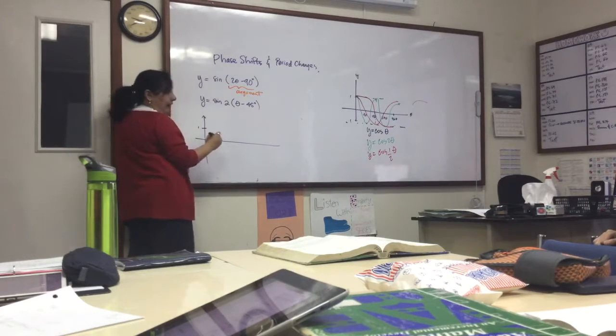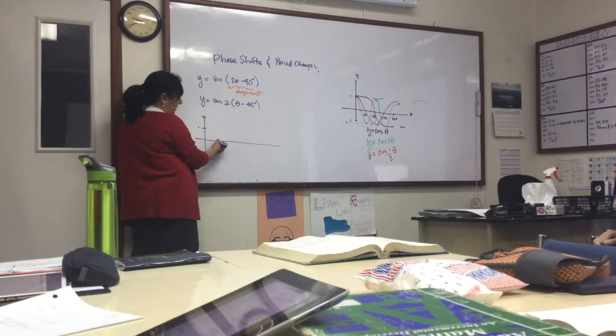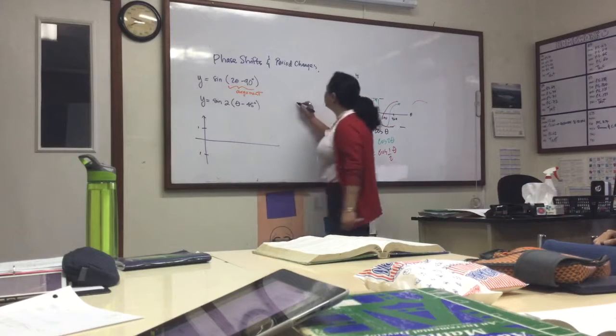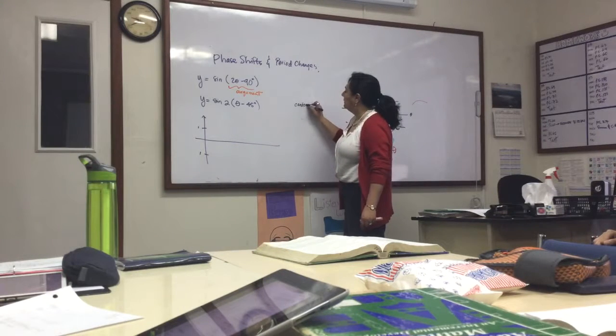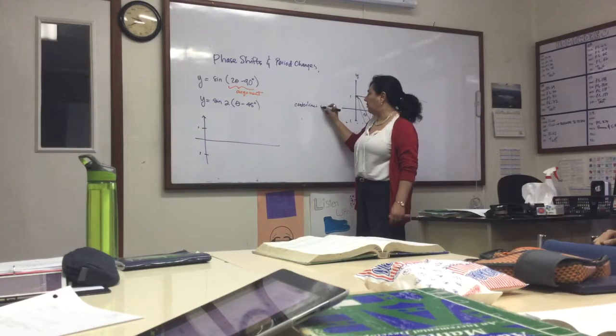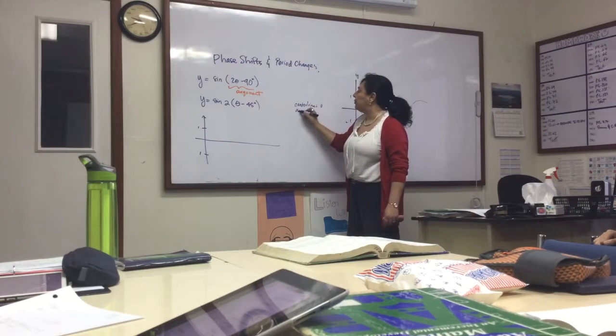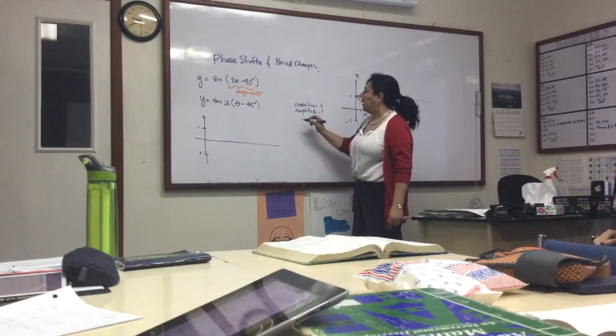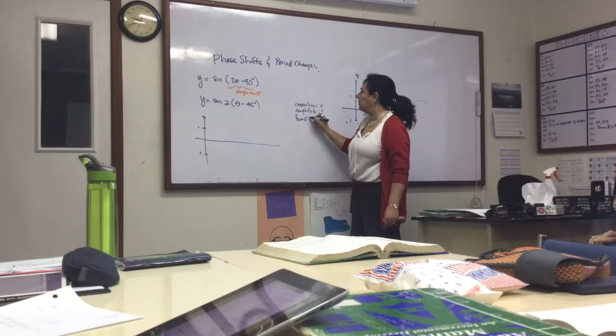If it's shifted 45 degrees, it means, all right, what is my center line? 0, okay. My amplitude? 1. The function, you know, it's sine.